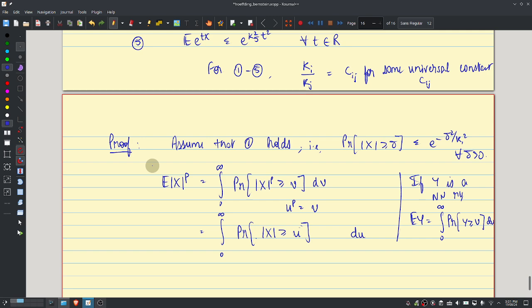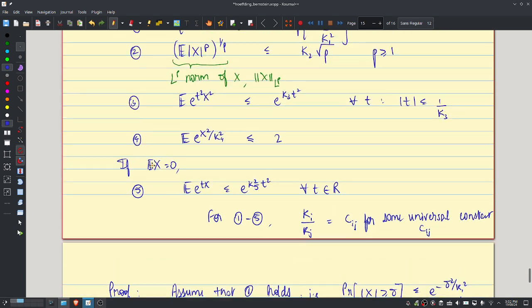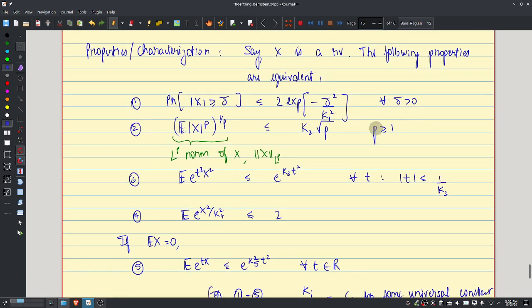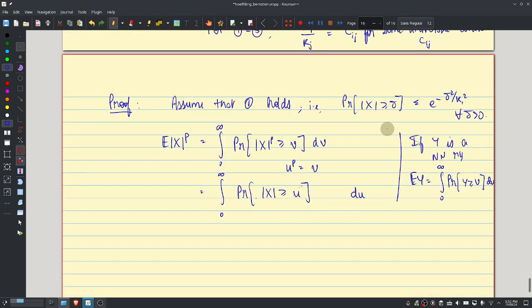I've already assumed in the statement that p is greater than or equal to 1.